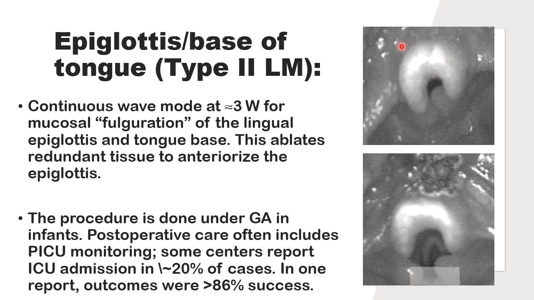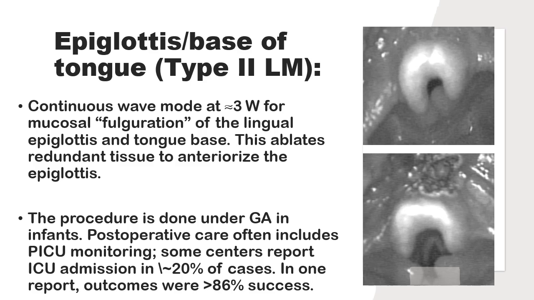And of course, this raw surface is going to heal with scar tissue, which would curl the epiglottis further anteriorly. And if needed, the posterior parts of the arytenoid mucosa can also be ablated, done under general anesthesia with microsuspension laryngoscopy.